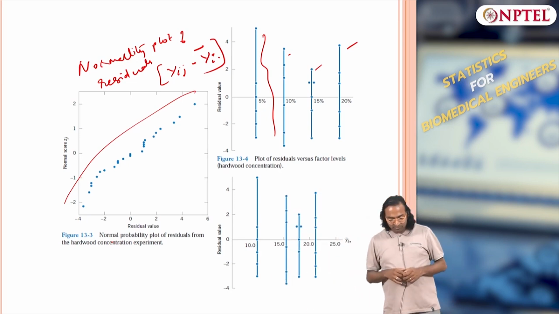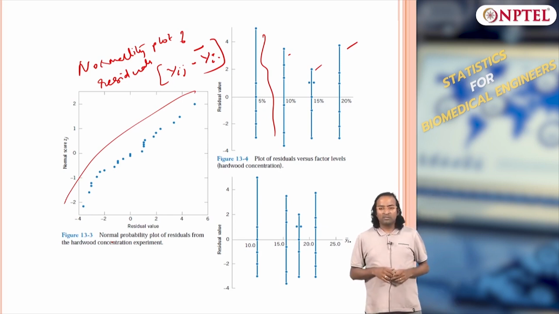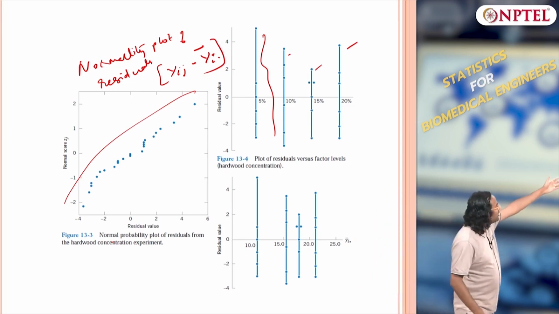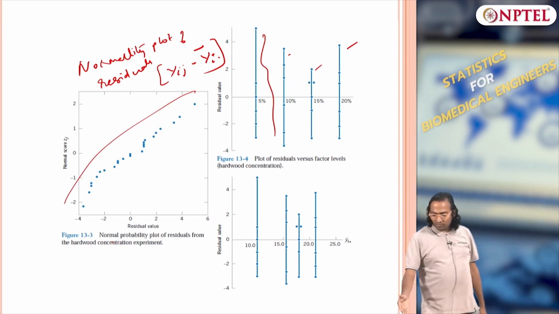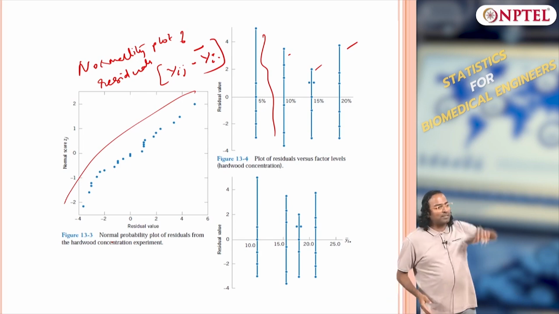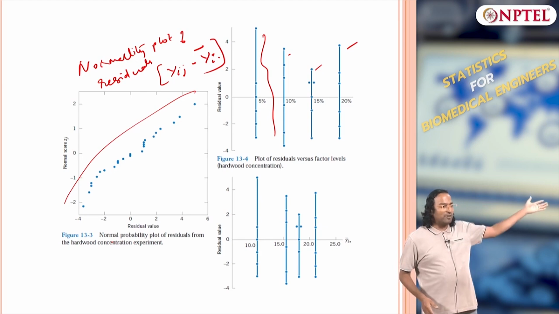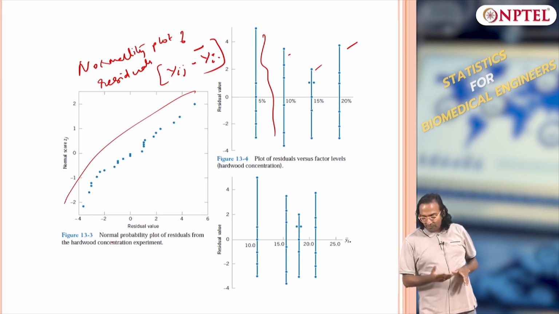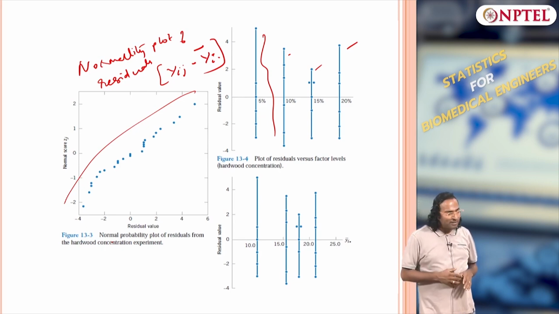What else can we do? I have actually put the residuals here. These are residuals for each treatment, 5%, 10%, 15%. So this is the overall spread in the data. What is variance? Square of the spread, that is all. Look at the length of the bars, take for example 5% and 20%, are they very different?